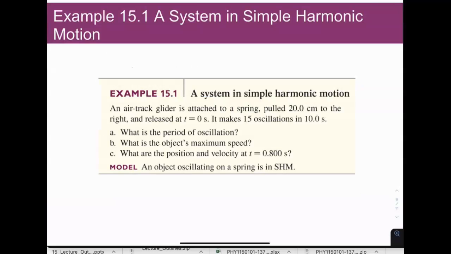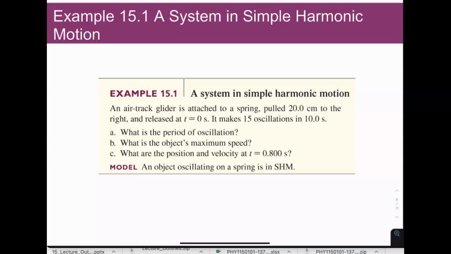Example 15.1 involves a system in simple harmonic motion. An air-track glider is attached to a spring, pulled 20.0 centimeters to the right, and released at t equals 0 seconds. It makes 15 oscillations in 10.0 seconds.